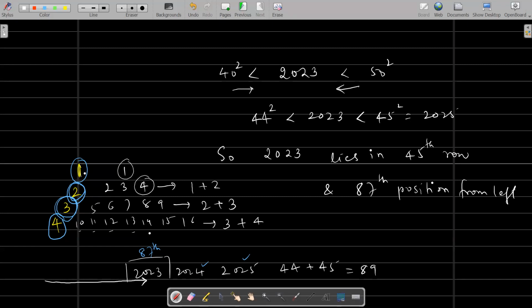You find out the first element of this row, that is 44 square plus 1, and then 2024 minus the first element will be the position number, right, Samrudh? Sir, they just have to do 2023 minus 44 squared. Simple. Yes, 2023 minus 44 square, or 2024 minus the first. Yes, sir, I did that.